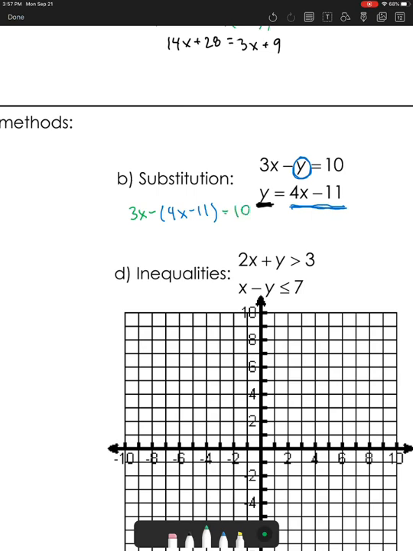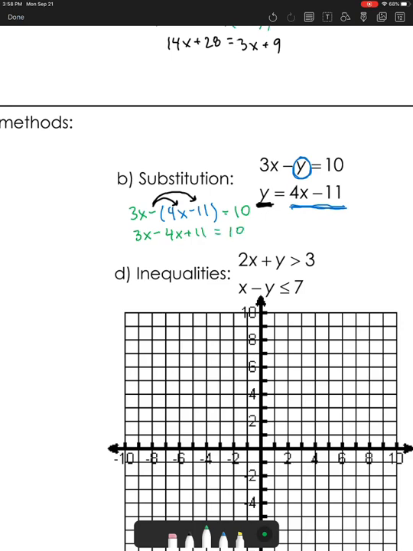Now, since there's a subtraction sign, I need to distribute that subtraction to everything inside the parentheses, to this 4x and this minus 11. So this is now going to be rewritten as 3x minus 4x plus 11 equals 10.